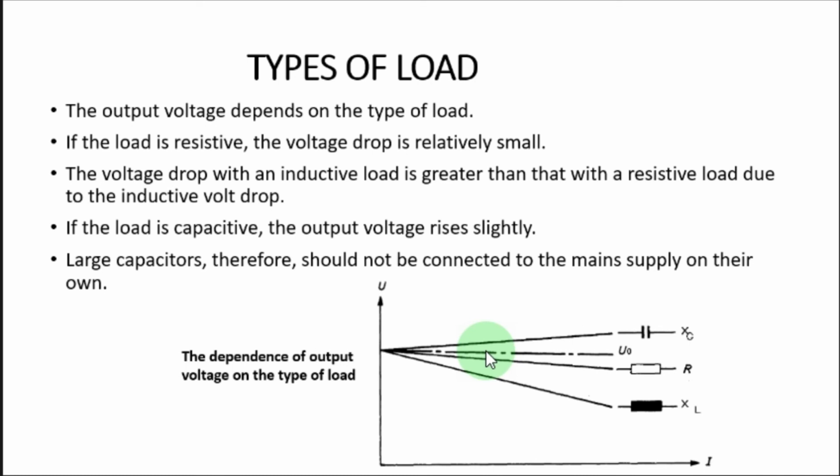The losses will be mainly due to copper loss and the iron loss. So copper loss is obtained by the short circuit test, and iron loss, or the core loss, is taken by the open circuit test. So with these values you can find the efficiency.